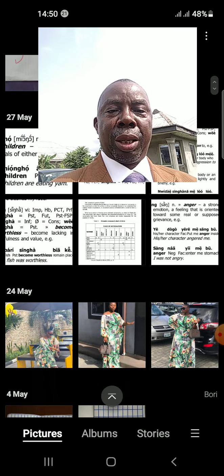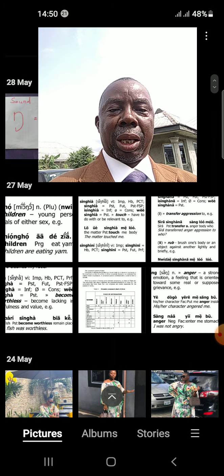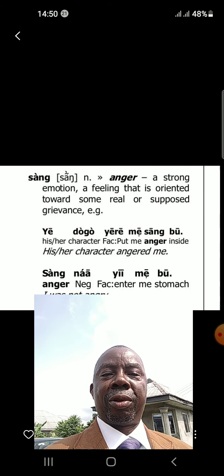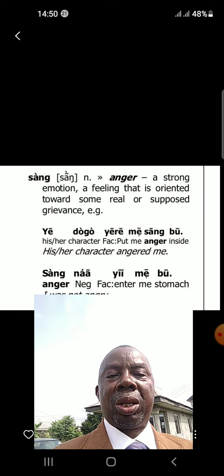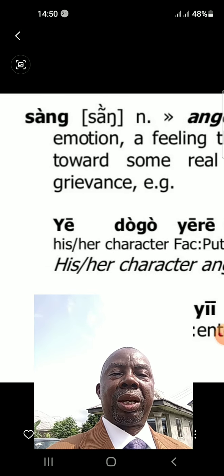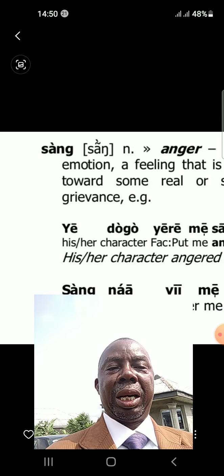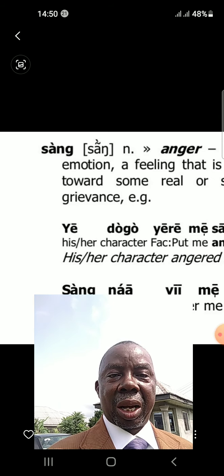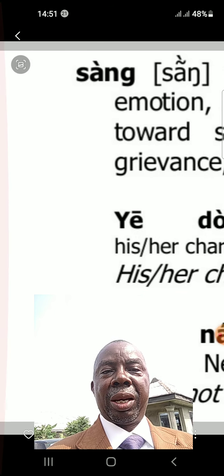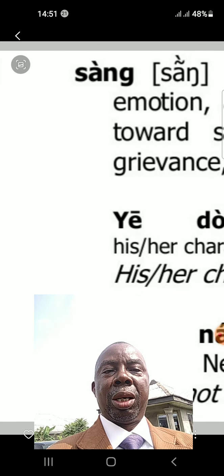Here we are. Let's take a look at some words. We now have this word pronounced as sang. Look at the spelling there, S-A-N-G. Look at the pronunciation.